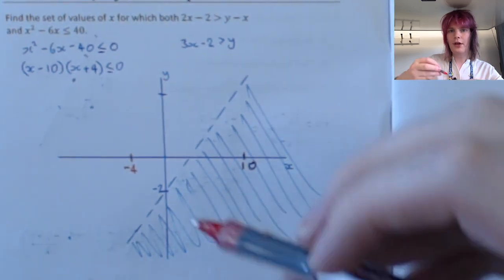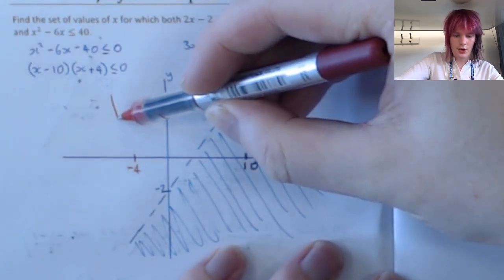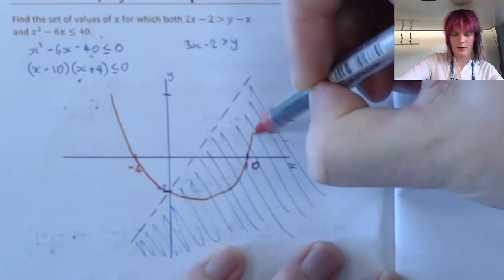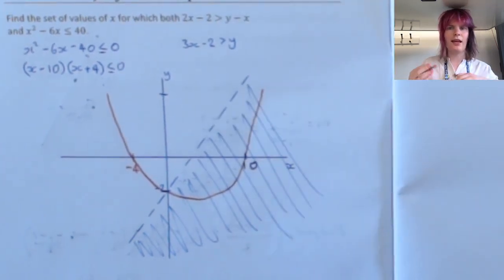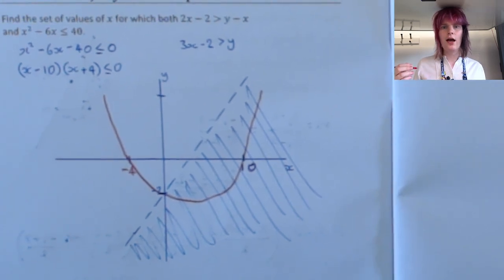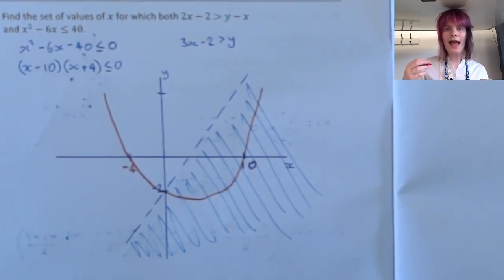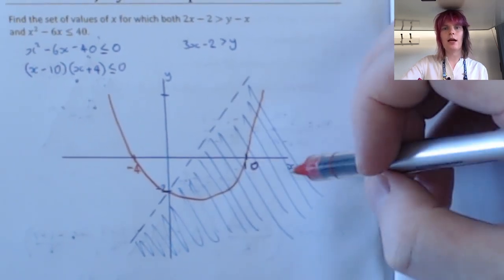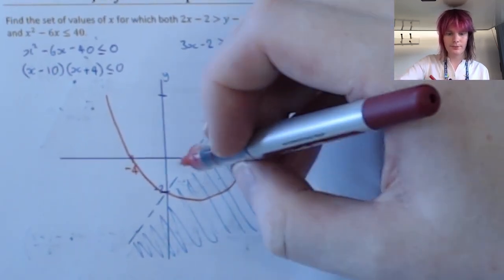Now, this curve is going to span that region there. Again, it doesn't have to be incredibly precise. I've just drawn this sketch so I can use it. I want to find the values of x, so I don't really care about the values of y, but I do care about these values of x.